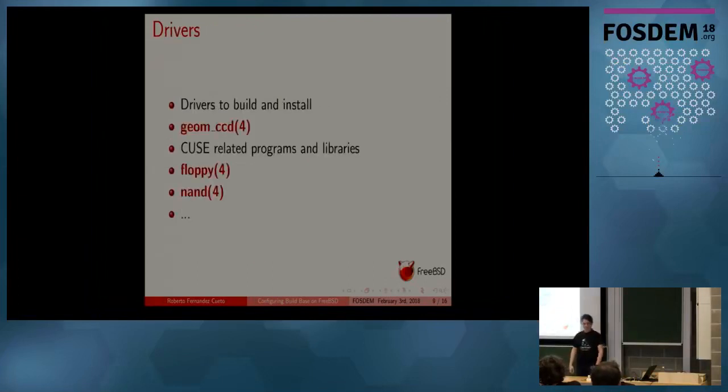Drivers. Which drivers to build and install, such as the Geom CCD, Q's related programs and libraries, floppy support. How many of you use floppy in the kernel? Wow, no one. So why is it there? NAND support.